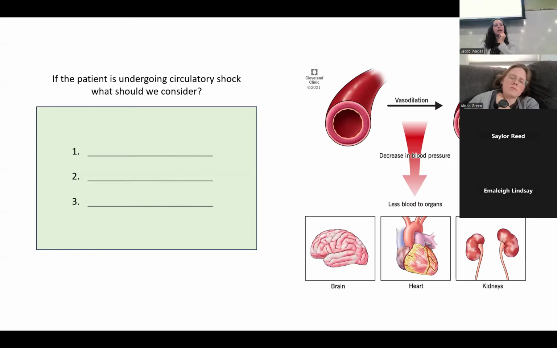And then the last one I'm thinking of, again, it's not really a drug class, is IV fluid resuscitation, which is especially going to be important for our patients that are hypovolemic. In terms of the order, I'll go over it once we look at the algorithm, but we're going to be looking mostly at the fluid resuscitation first, and that'll make more sense once I get to that slide.